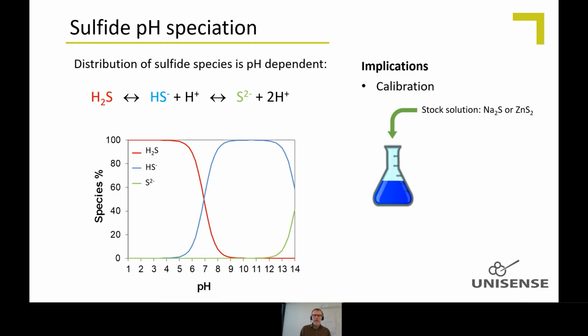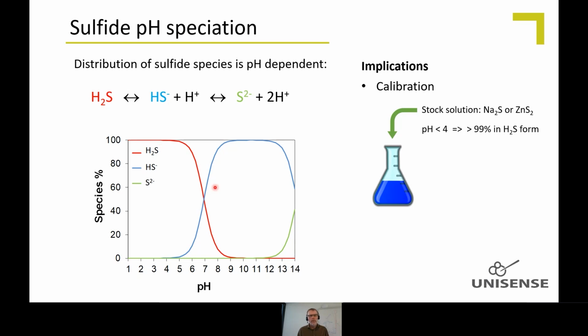The implication of this is first for the calibration: if you make a calibration standard from stock solutions, creating a concentration of sodium sulfide or zinc sulfide as we do in our calibration kits, then you should make sure to have a pH less than 4, because then more than 99% of the sulfide will be in the H2S form, so you know the exact concentration.